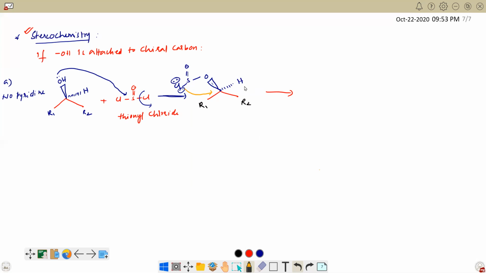Am I right? And this oxygen acts now as the leaving group, and this chlorine is the attacking nucleophile.